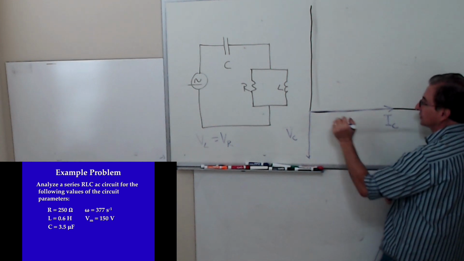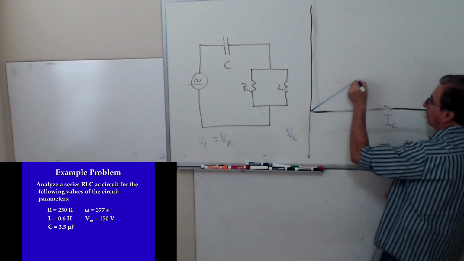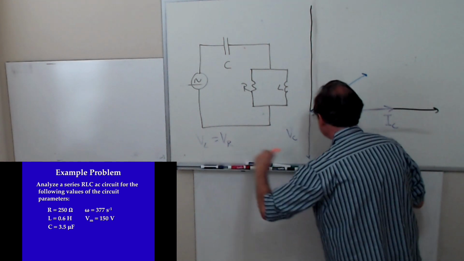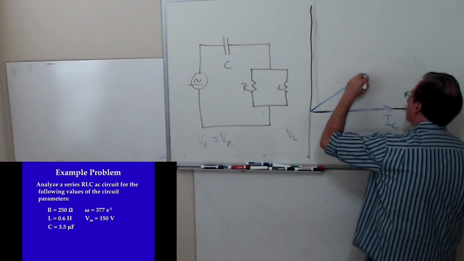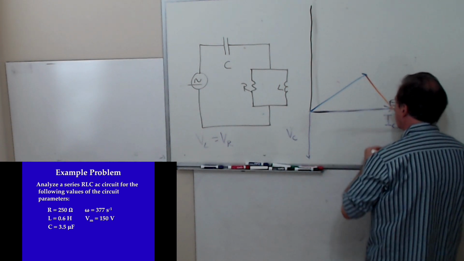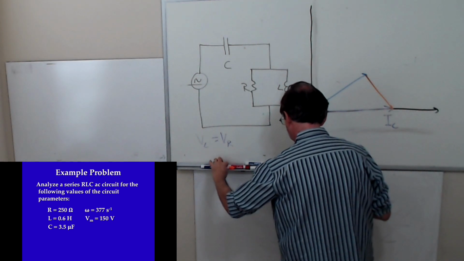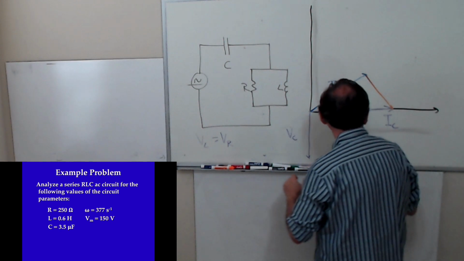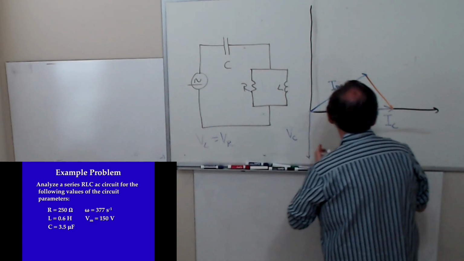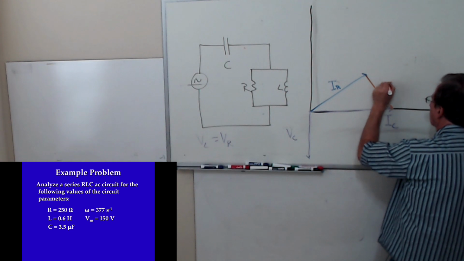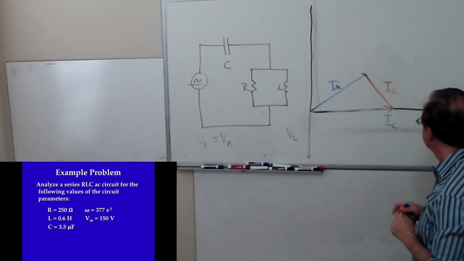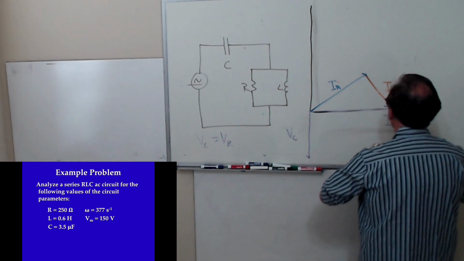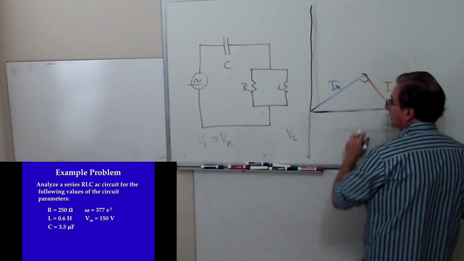I got to draw a right triangle somehow. Like that. Okay, so these two add up to this. This is the hypotenuse. And this has got to be a right triangle because you know that these are going to be 90 degrees apart.